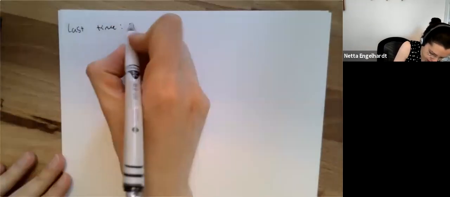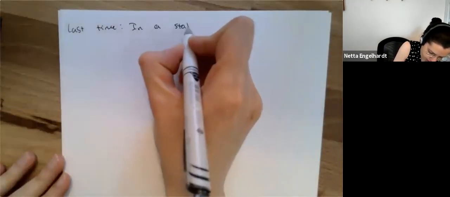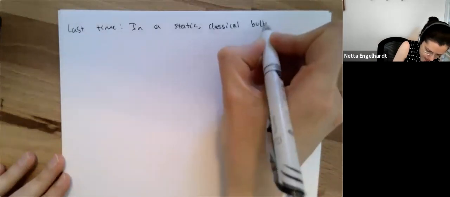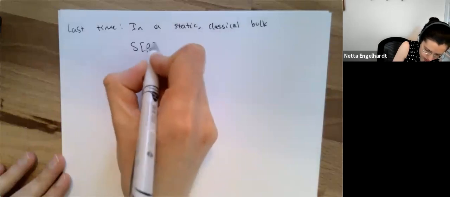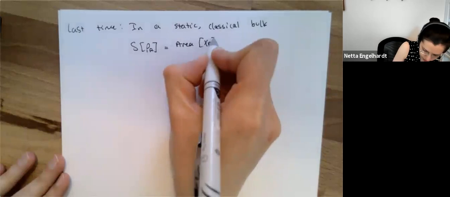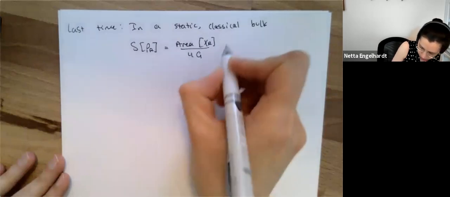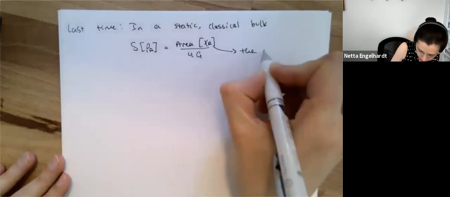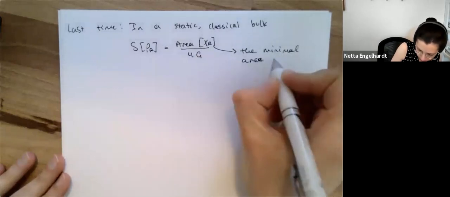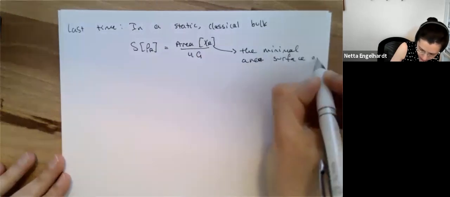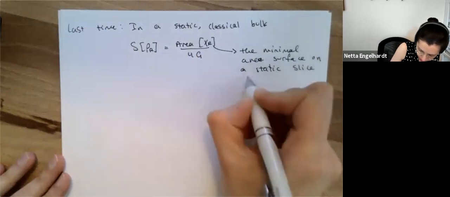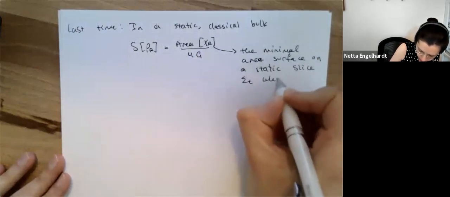So in a static classical bulk, the von Neumann entropy of the reduced density matrix on a boundary region R is given by the area of X_R over 4G, where this is the minimal area surface on a static slice, sigma_t, which is homologous to R.